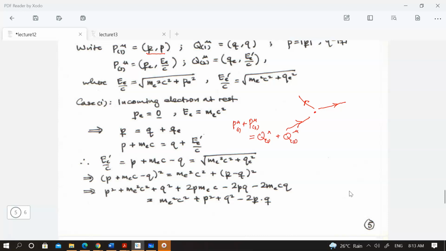Taking the components, the three-momenta will be conserved, and this is given by this equation. Because the initial momentum of the electron is 0, you get only your photon momentum.